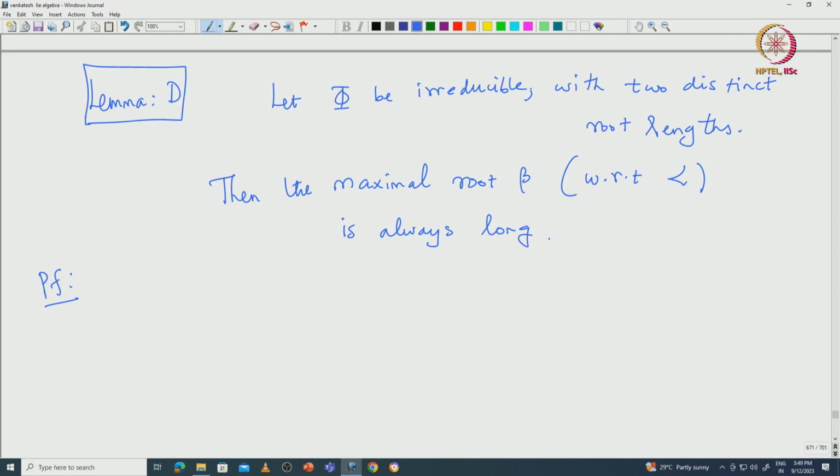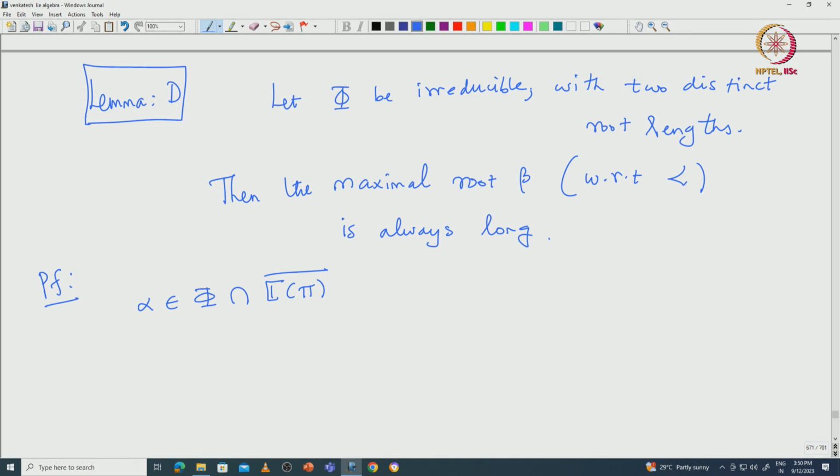So, you can assume that this alpha is actually coming from phi intersection the closure of the fundamental chamber. So, take alpha inside this pi intersection the closure of the fundamental chamber. Okay. So, this can be obtained by replacing alpha by some conjugate of alpha.